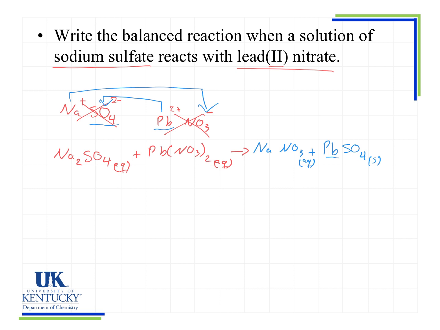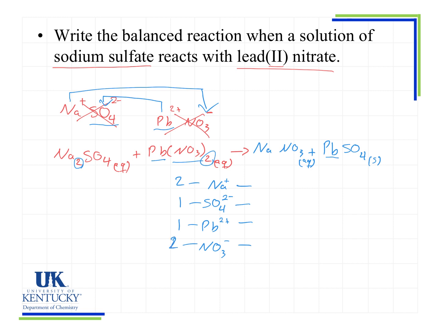Now we have to balance it, so we balance with the ions instead of each element. So we have sulfate, we have Pb, and we have nitrates. In the reactant we have 2 sodium, 1 sulfate, 1 Pb, and 2 nitrates.